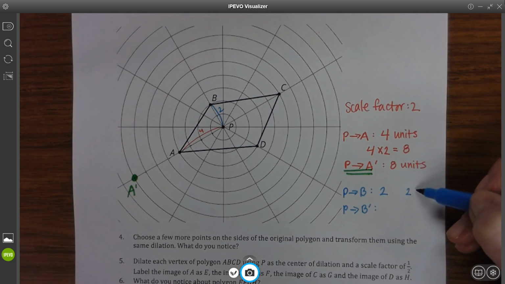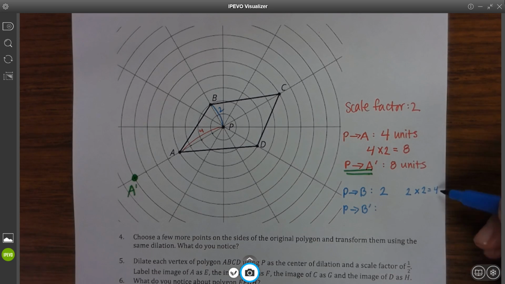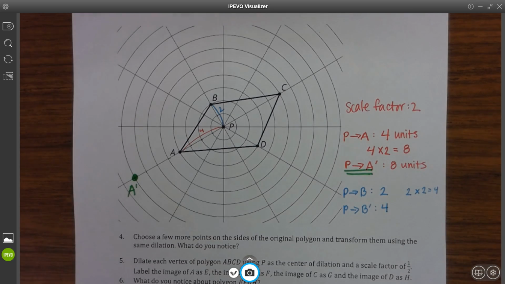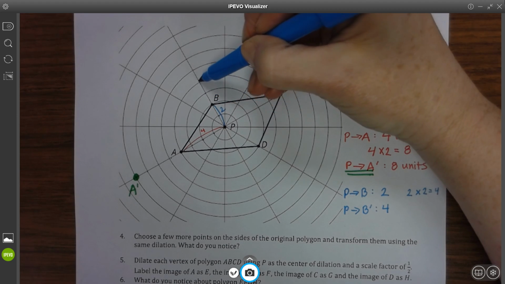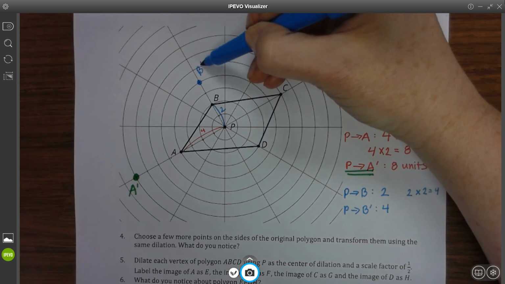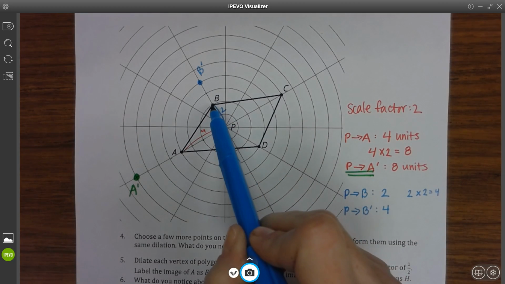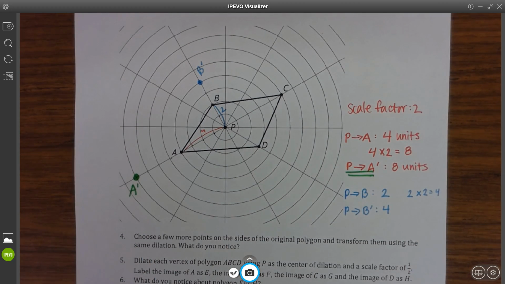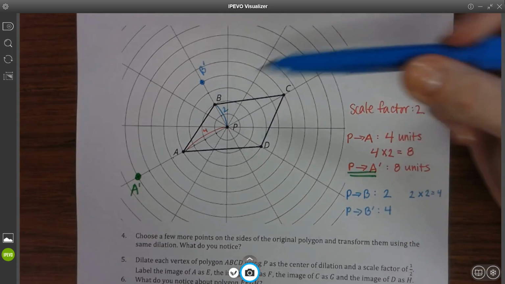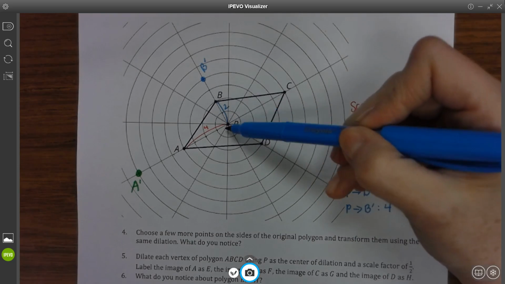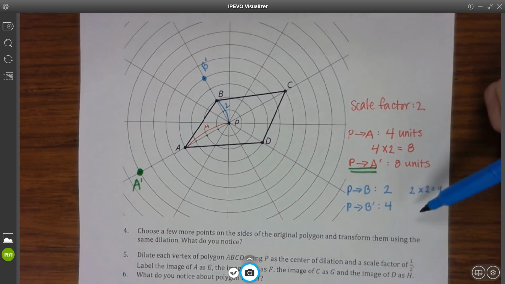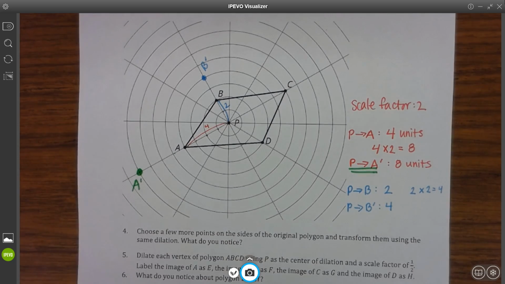Well, 2 units times 2 is going to be 4. So from P to B prime, we're going to go 4 units. 1, 2, 3, 4. Remember, it's not from B, we always go back to P. Now, you may have thought that it was going to be on the same circle, but it's not, because my distances are different here. So each one you have to do on its own.